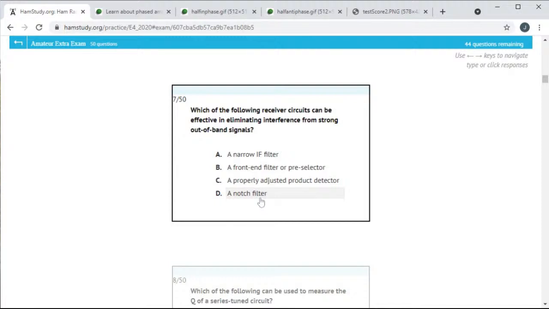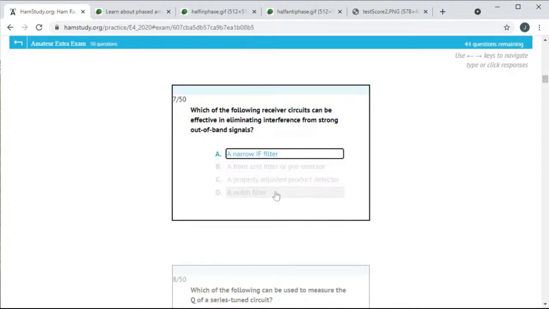Notch filters aren't for out of band signals. I have a feeling it's either A or B. I'm going to go with A.